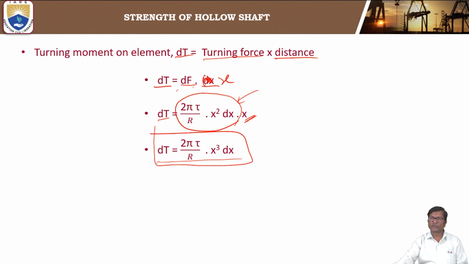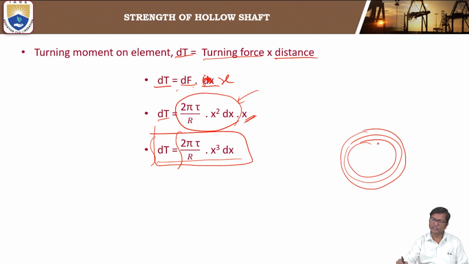Now, the total twisting moment or torque on the shaft cross section is obtained by integrating this, because we have a number of elementary rings. By summing up the turning moments acting on each of these elementary rings, we get the total turning moment.